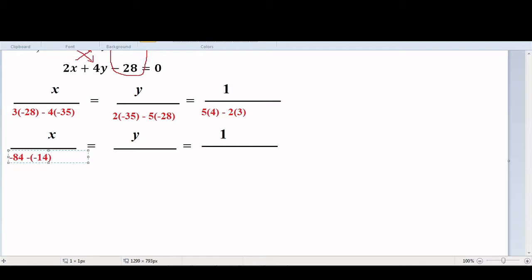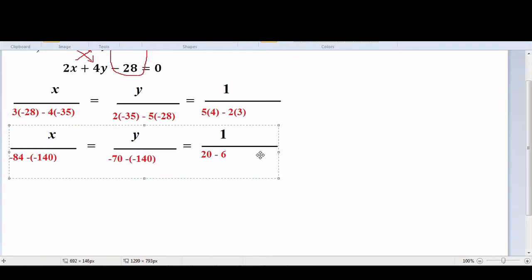So minus of minus 140. Now 2 will be multiplied with minus 35, it will be minus 70. And 5 will be multiplied with minus 28 and its value will be minus 140. Here 5 multiplied 4 is 20 and 2 multiplied 3 is 6.